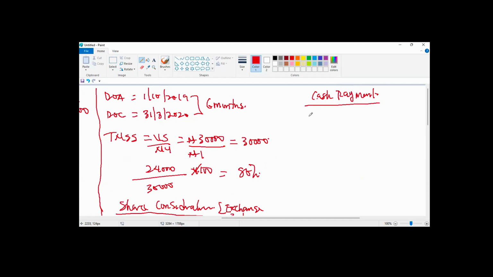He acquired 24 million shares, which is 24,000 times 2 naira, 48. So cost of investment, debit 48. It has been recorded. Investments, credit minus 48. It has been recorded.